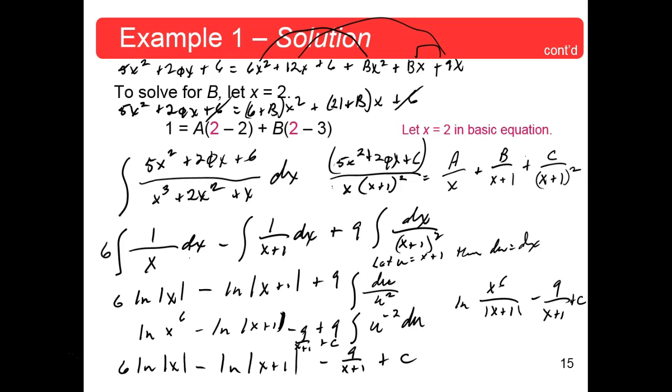Log of x to the 6th over x plus 1, absolute values of that, minus 9 over x plus 1 plus c. Done. So there was yet a fourth way to write this. The log of absolute value x to the 6th over x plus 1 minus 9 over x plus 1 plus c. All right, that's good.